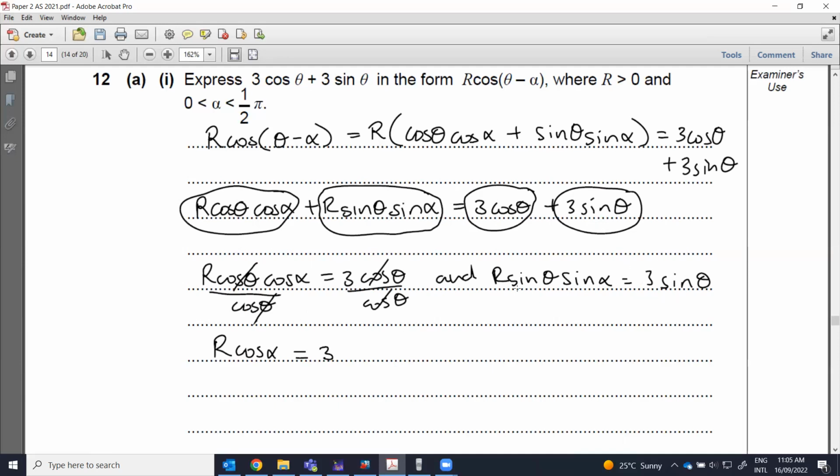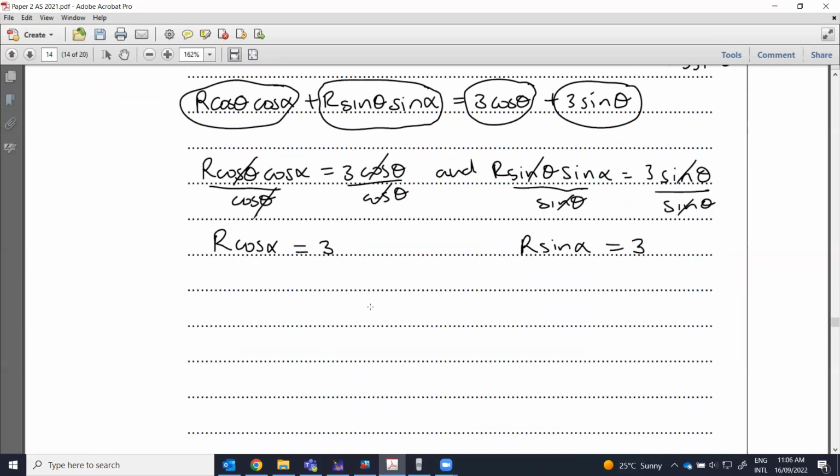And we do the same thing on this side: divide by sine theta, these two cancel, so I have r sine alpha equal to 3. So you can see I have a pair of simultaneous equations, and we're going to solve these by substitution.